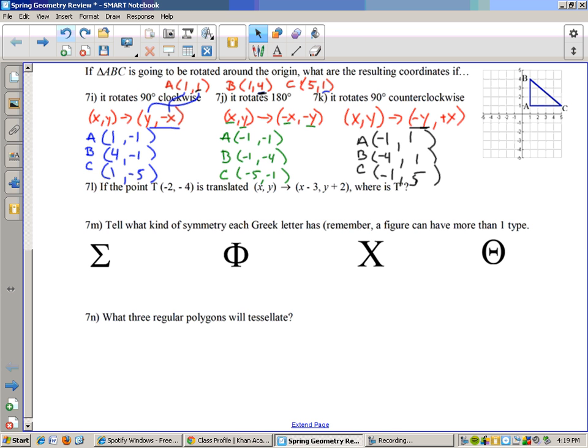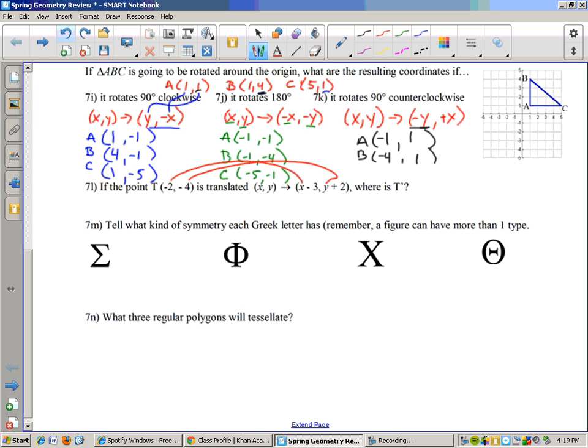So 7L, if the point T (-2, -4) is translated through this translation, where is T prime? I cannot see that. I hope it just says prime. Yeah, T prime. Okay, so after I take T (-2, -4) and plug it in, I'm going to plug a -2 in here and a -4 in there.